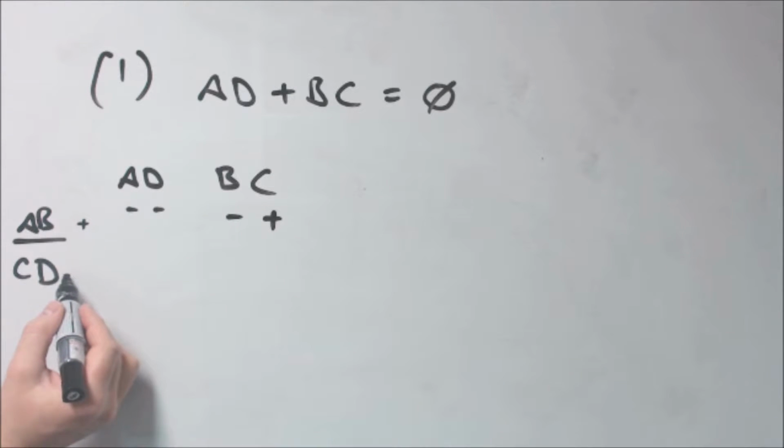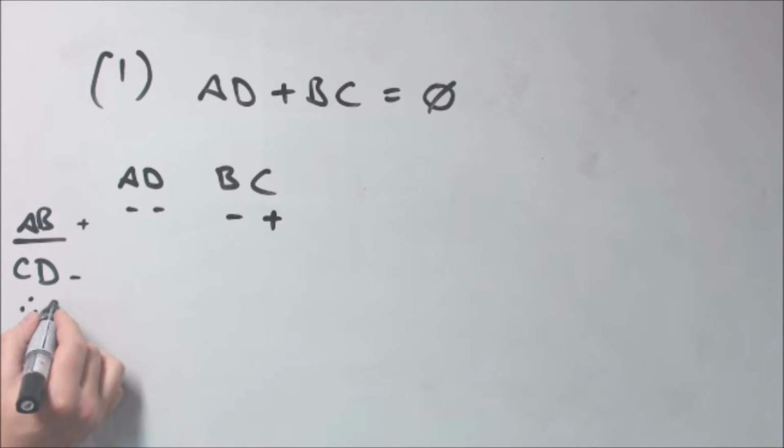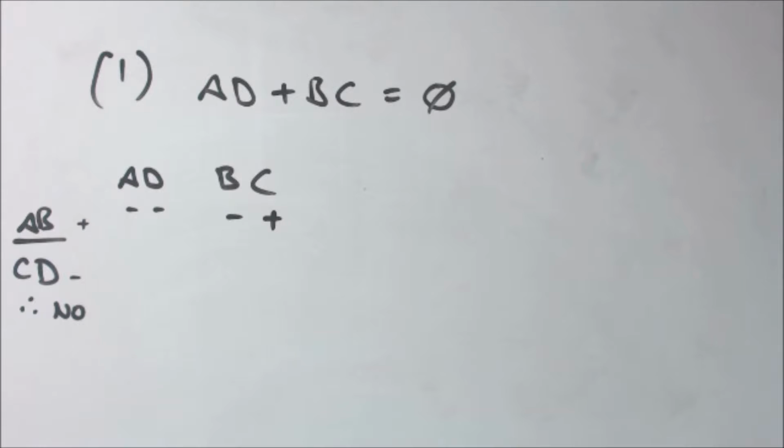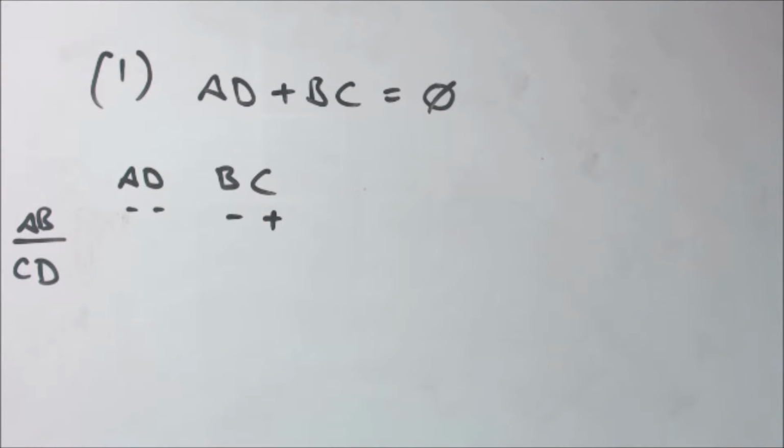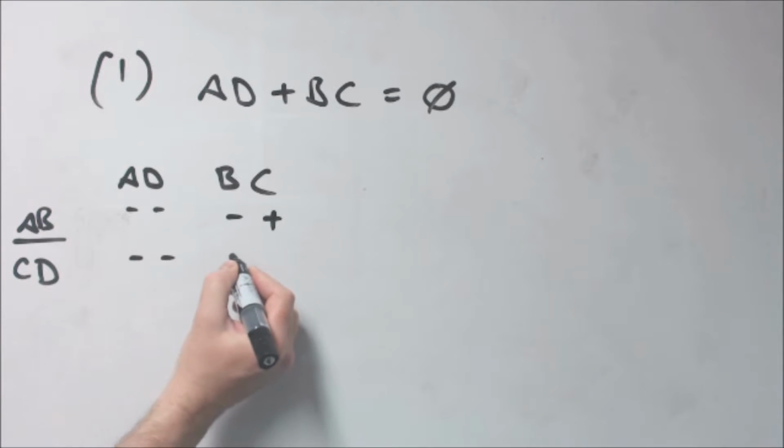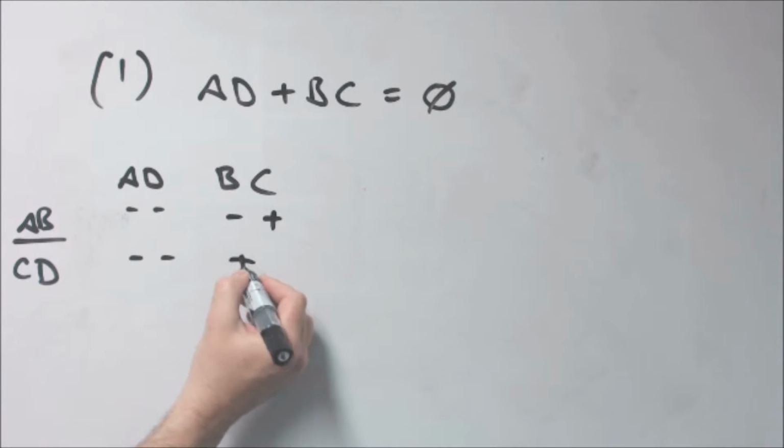Okay, so in the early days, you probably just want to start picking numbers, but here we say, in answer to the question, no. Okay, so for that first case, AB divided by CD is not positive, it's negative. Pause, think about that if you need to. If not, let's start going through the process for each one. As you remember from earlier, the other option here when AD and both negative is that B is positive and C is negative.